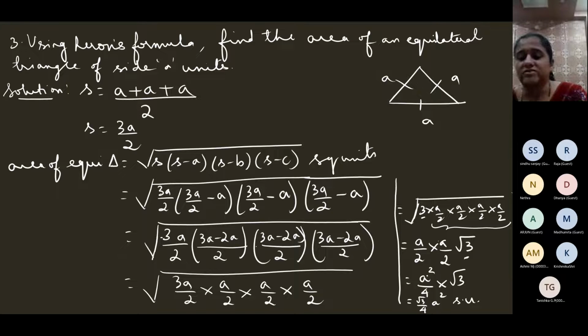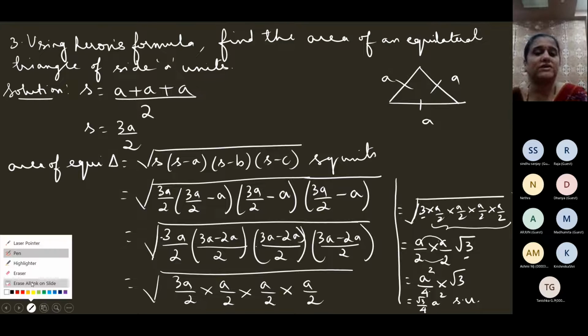So a into a is a square, 2 into 2 is 4, a square by 4 into root 3. So writing the numbers together, root 3 in the numerator, 4 in the denominator, a square square units. Anybody still writing? Completed. All right.